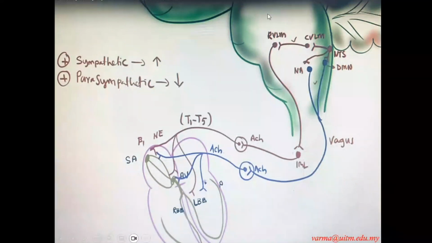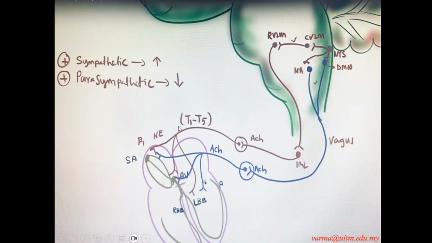So again, this is the medulla. In your medulla, you have the nucleus tractus solitarius. That is the origin for sympathetic and parasympathetic. Then follow my arrow here. You have the sympathetic pathway: caudal ventrolateral medulla, rostral ventrolateral medulla, then the intermediolateral nucleus, preganglionic fibers using acetylcholine.